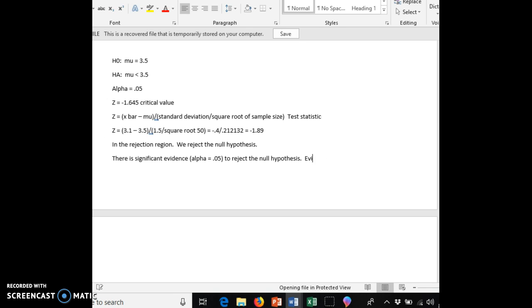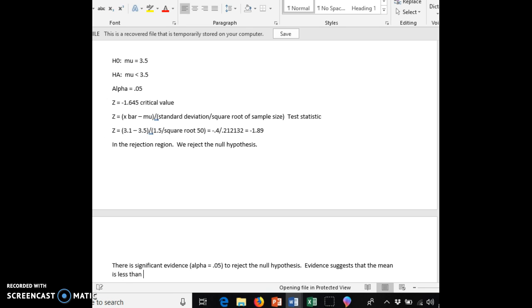Evidence suggests that the mean is less than 3.5. It appears that the new drugs do work more quickly than the old drug.